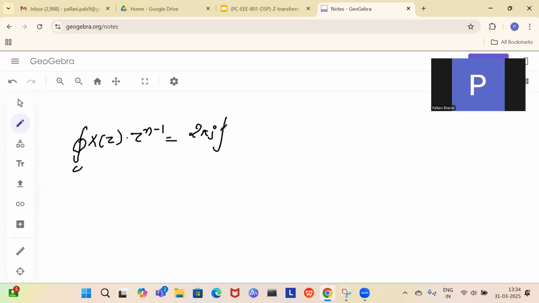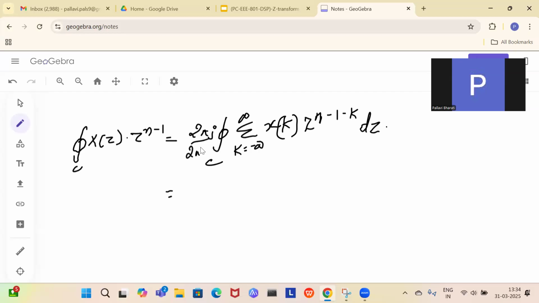So we had the closed integral over here also, and then the summation k equals minus infinity to infinity x[k] z to the power n minus 1 minus k dz.